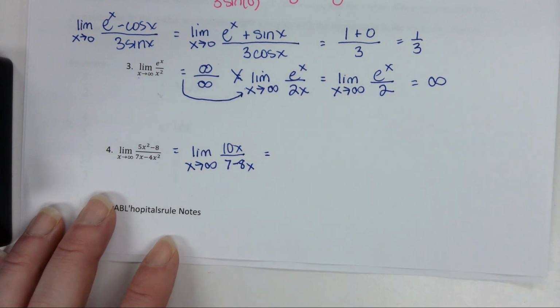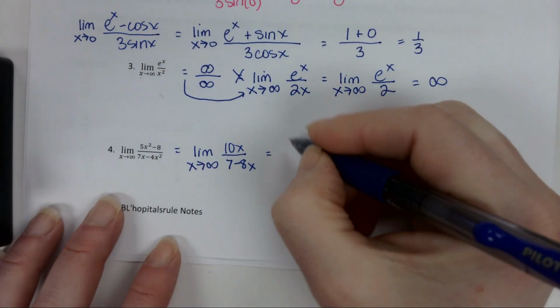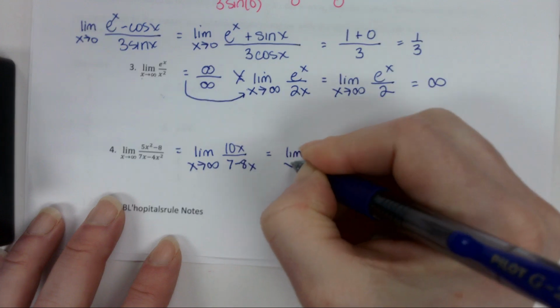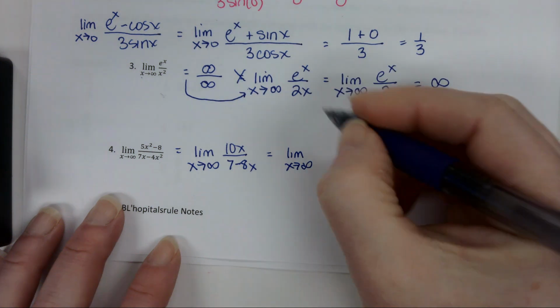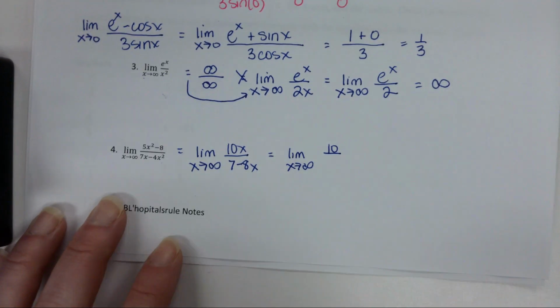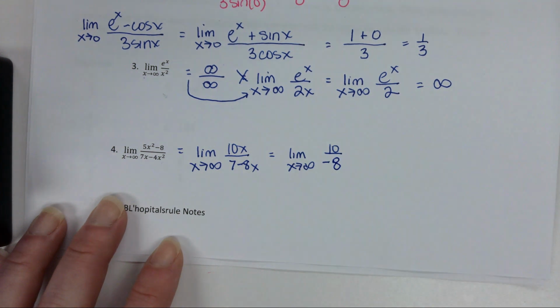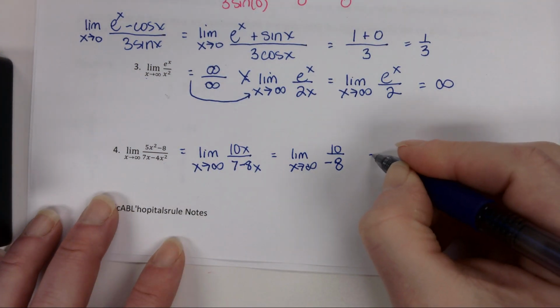Okay, don't I still get infinity over negative infinity? Let's do it again. This is equal to the limit as x goes to infinity of the derivative of 10x, which is 10. What's the derivative of negative 8x? Negative 8. Doesn't matter what I plug in, it's just 10 over negative 8, or 5 over negative 4.